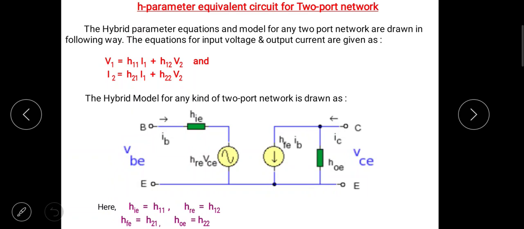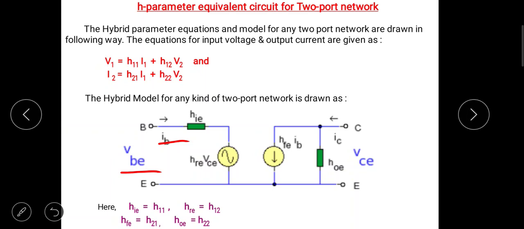Please try to concentrate on this circuit. In this circuit, to the left side there is VBE, or we can just say this is nothing but input voltage V1. Here is input current I1.